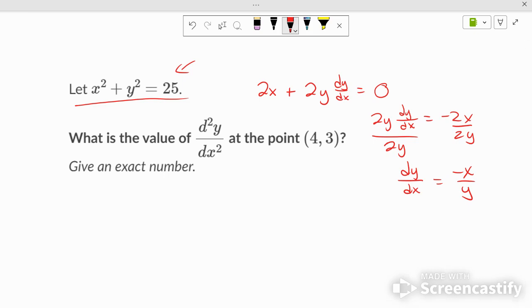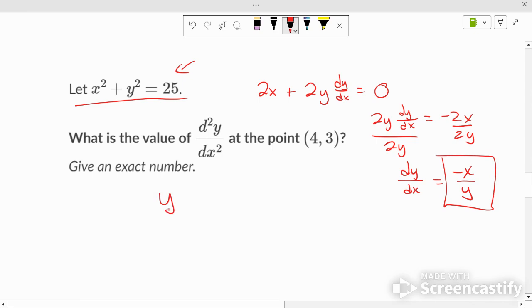I want to find my second derivative. How do you find the second derivative or the derivative of just that? Well, it's the quotient rule. Y times the first derivative of negative x, negative 1, minus negative x times the first derivative of y.